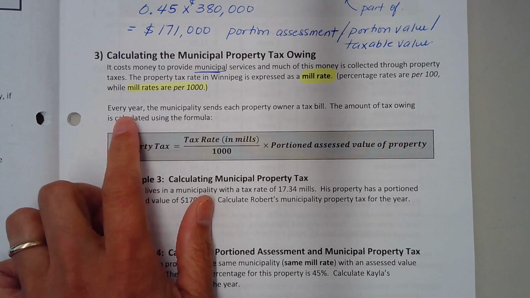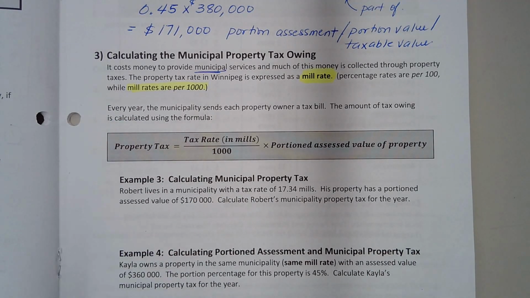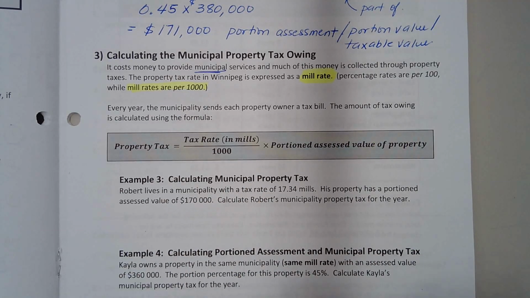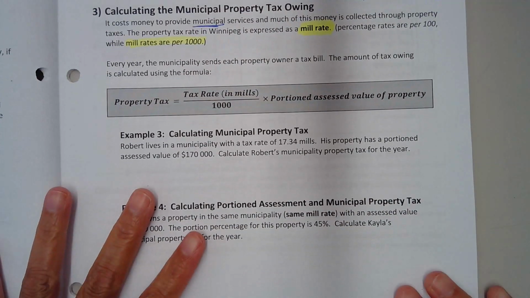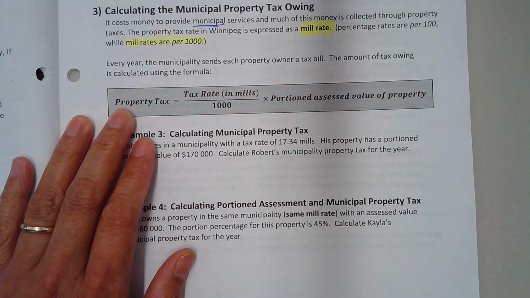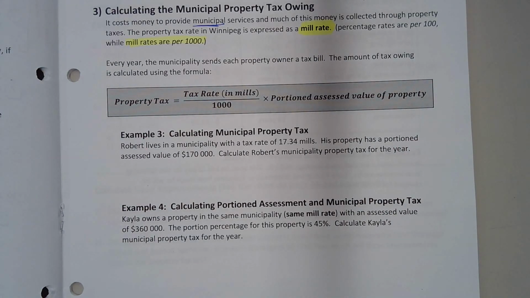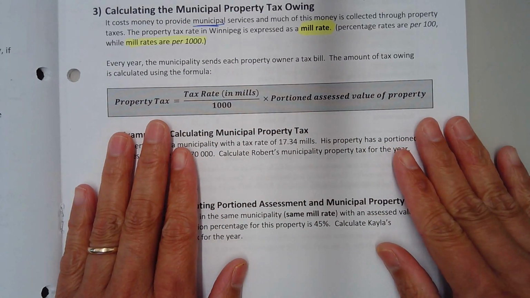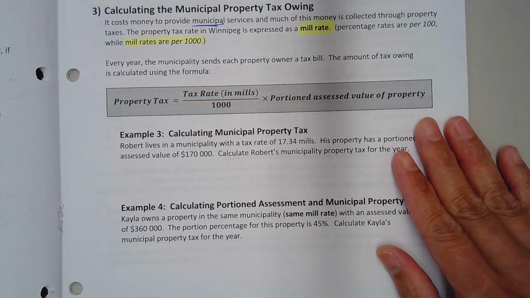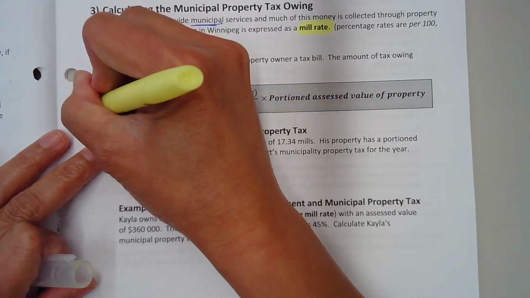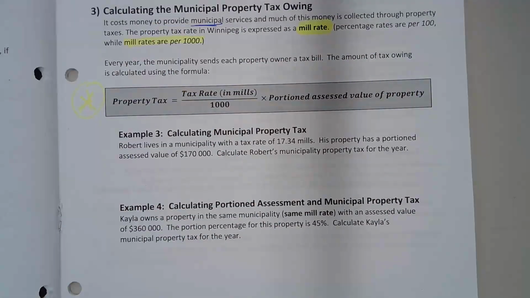Every year the municipality sends each property owner a tax bill, and this amount of tax owing is calculated using the formula. This formula is highlighted. When we have our test, this is probably a good idea to have on our formula sheet to bring to the test. So put a star beside it. Must write it on the formula sheet.